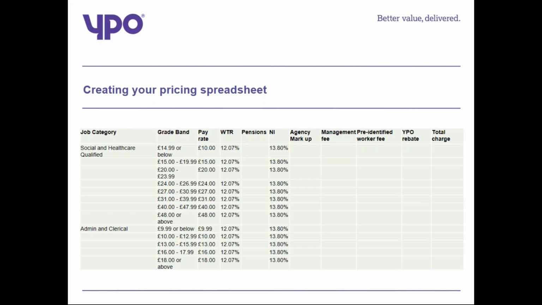So when evaluating, it's good to make sure that all providers evaluate against this. This is also relevant for NI, which is estimated at 13.8%. When contracts go live, these should be managed on real-time data and information for each worker. It's just to give you evaluating purposes so that you can evaluate everybody equally and fairly.